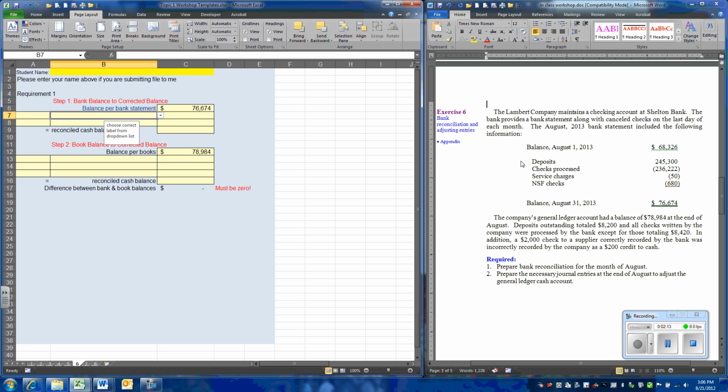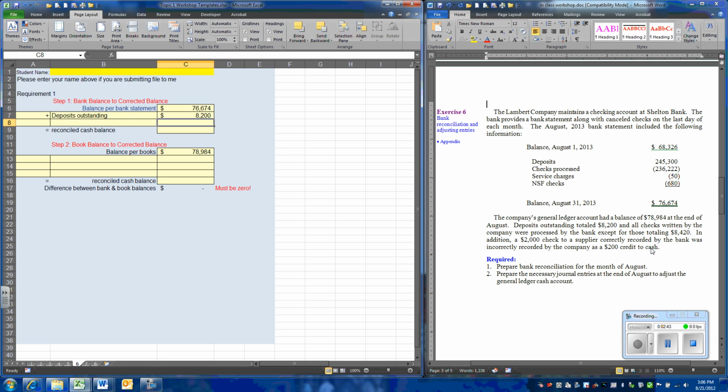It will be credited in the bank records on the next business day. So we have to adjust for the deposits outstanding. Now, is this going to add to or subtract from the bank balance? Well, obviously, since this is a deposit, we're going to be adding to the deposit, and that is for $8,200.